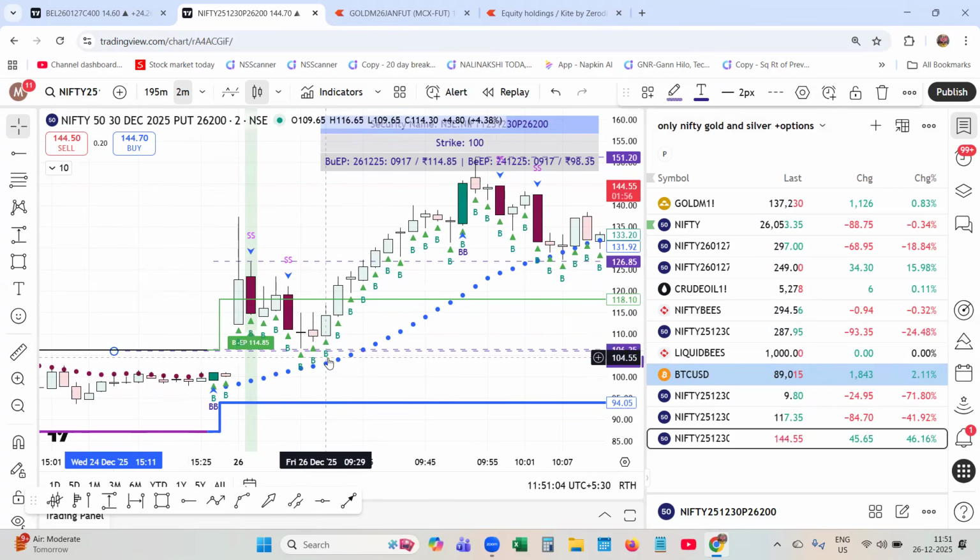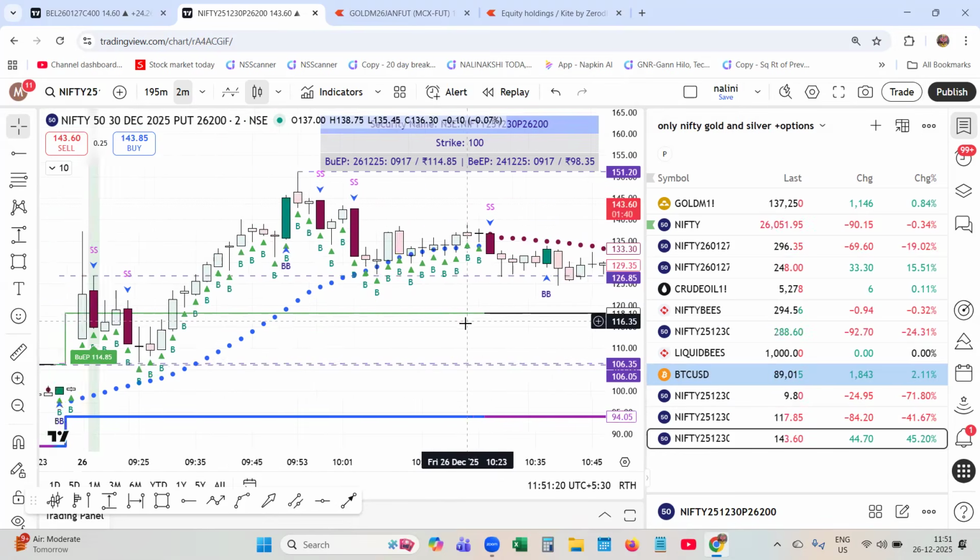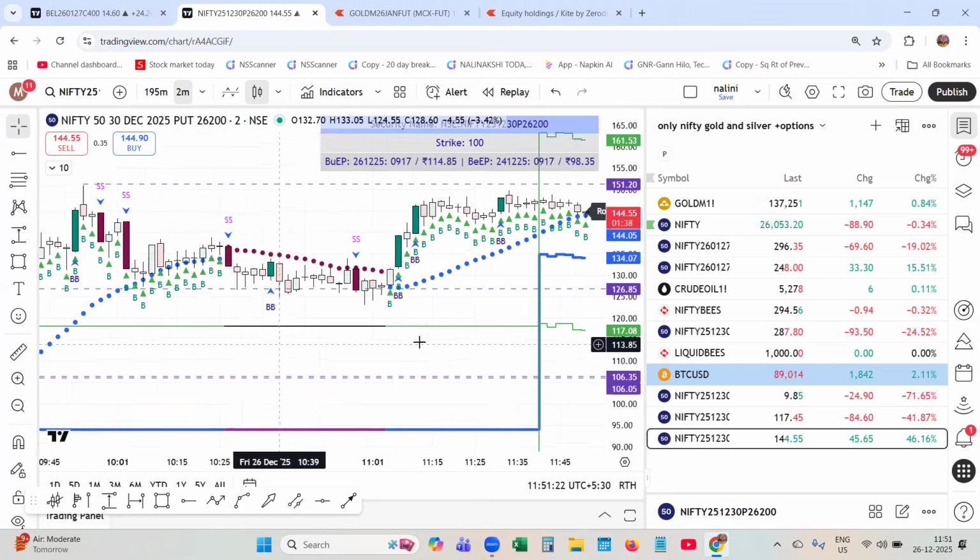They might have got stuck in a wrong direction. It is clearly the put option telling that it is a discount, you go long. That's how it is. So, friends, I'm showing it to you live.